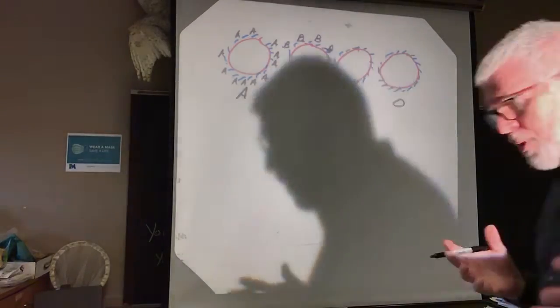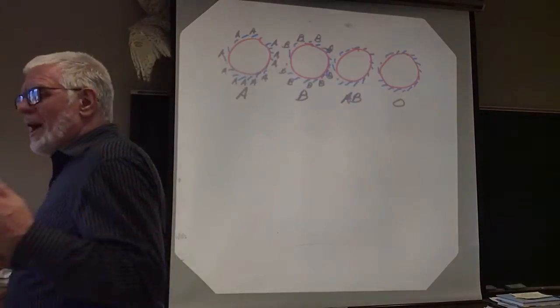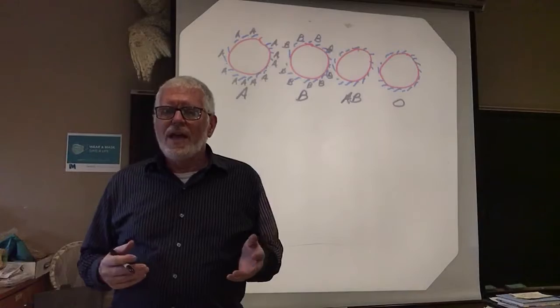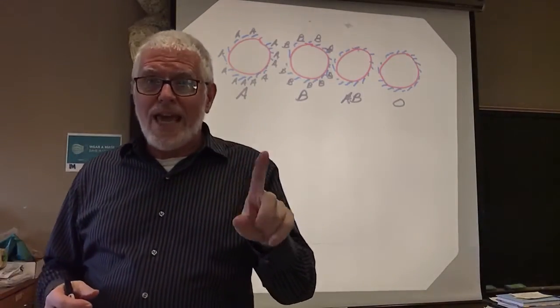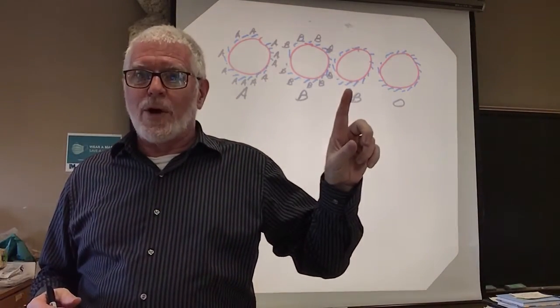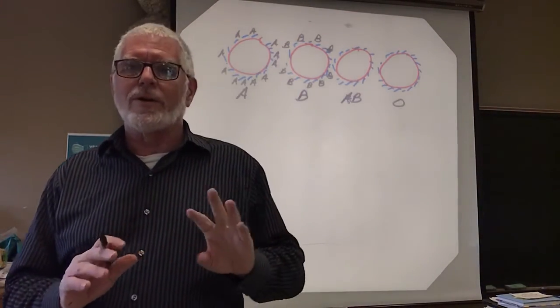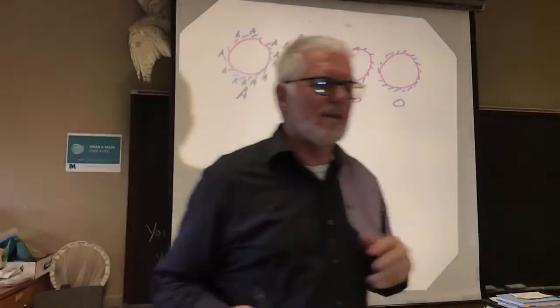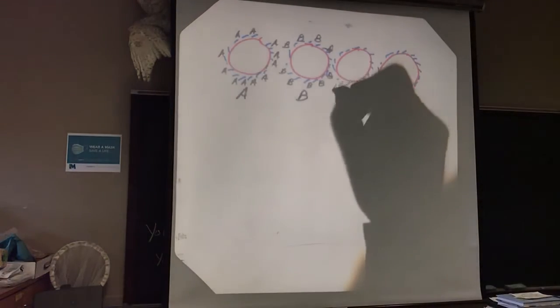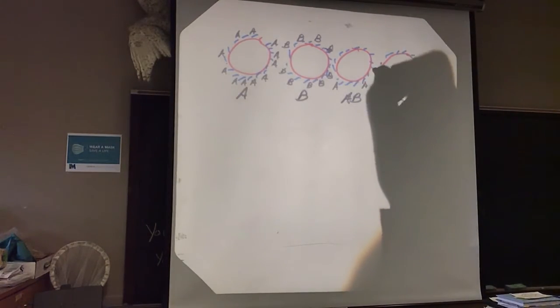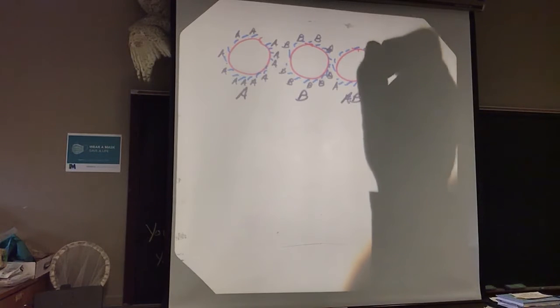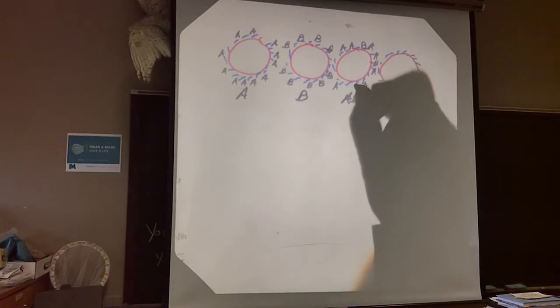Now, remember how genetics works. You have pairs of alleles. If you have AB blood, that means you have an A allele that's going to make A markers here, and a B allele that's going to make B markers. You're not going to make AB markers. You're going to make a mix of those. So some of them will be A's, and some of them will be B's.